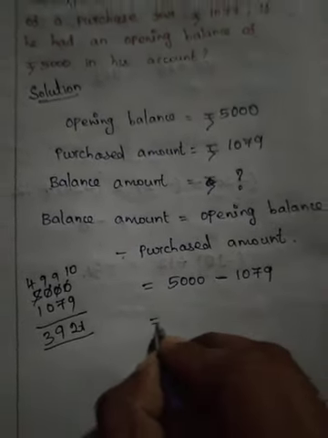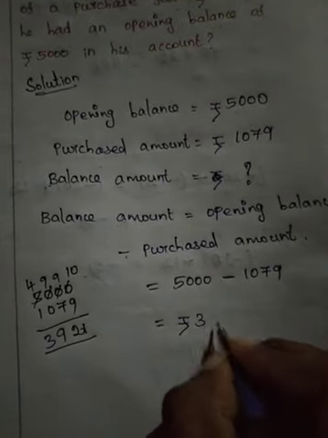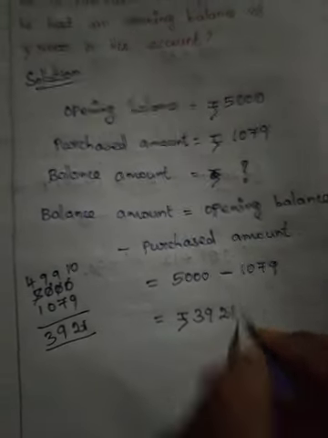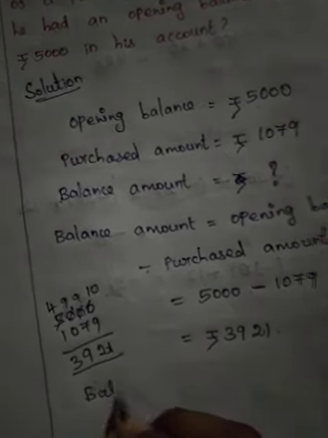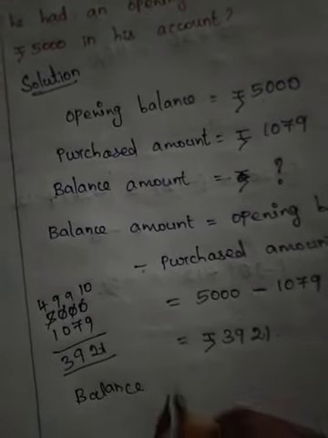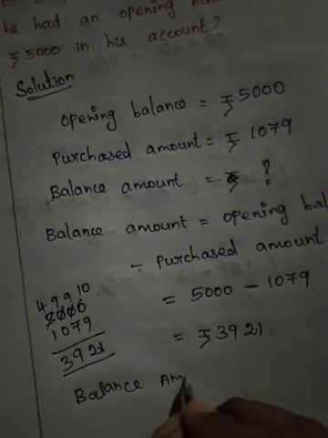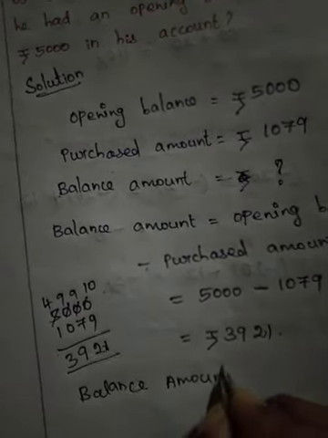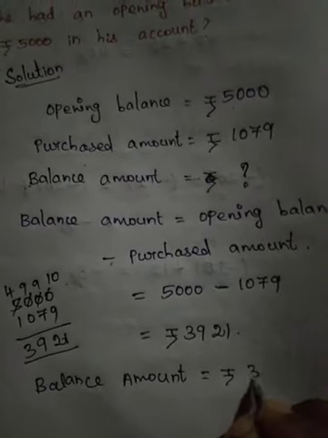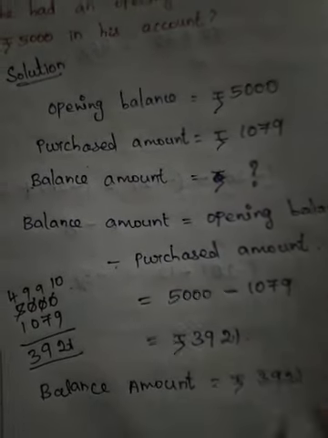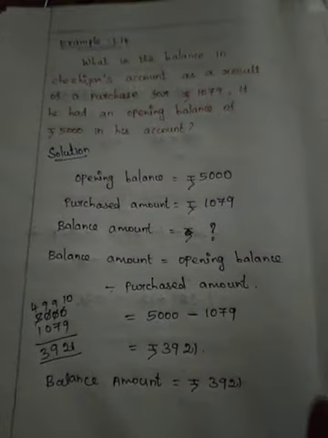So, rupees 3921. So the balance amount is equal to rupees 3921. Do you understand this problem?